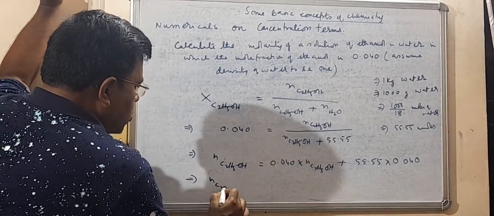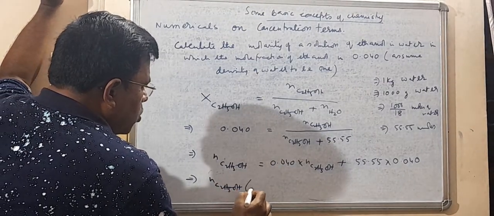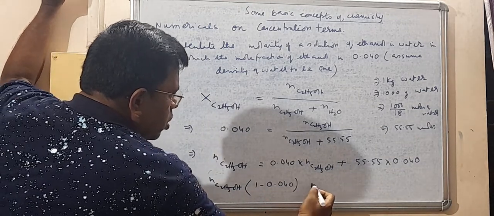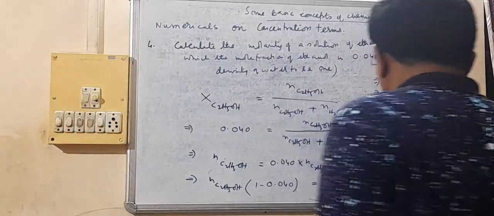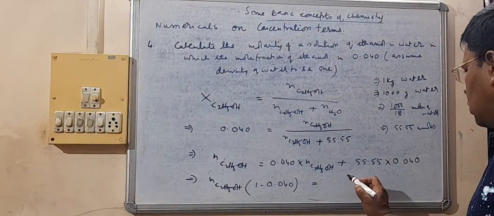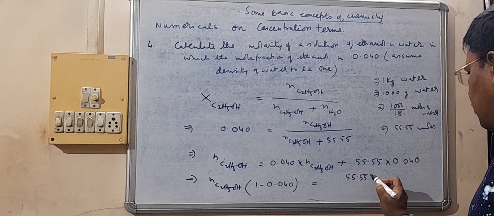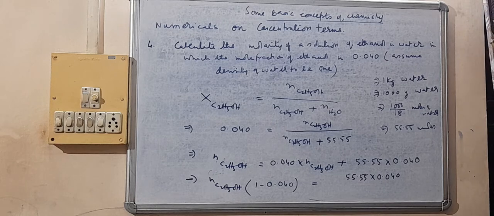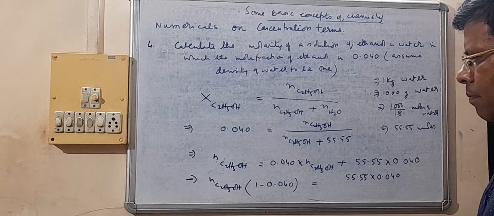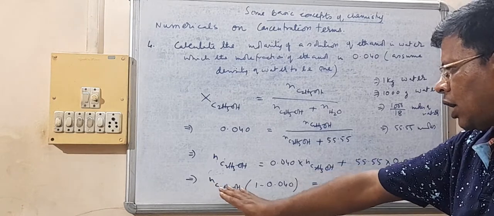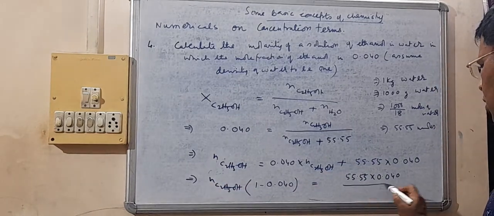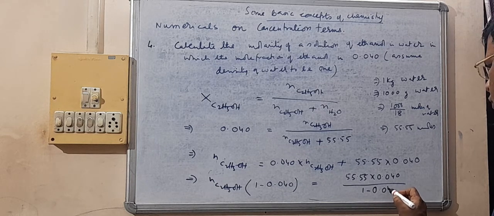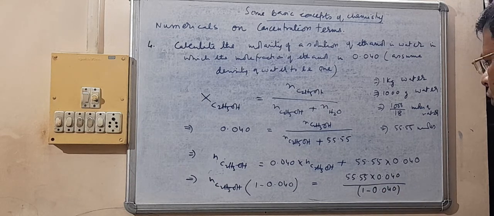So n of C2H5OH into 1 minus 0.040 is equal to 55.55 into 0.040. And in the next step, moles of ethyl alcohol will be this divided by 1 minus 0.040. Children, I am not solving it here.